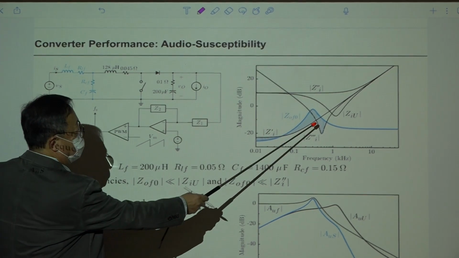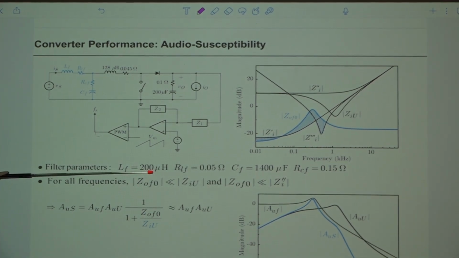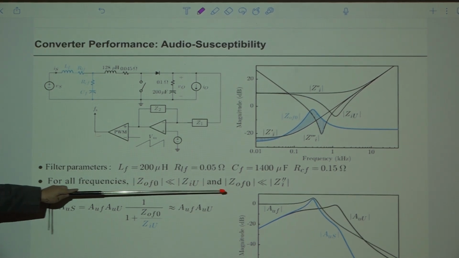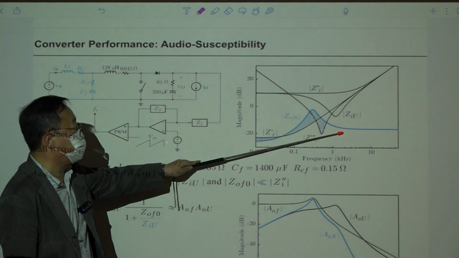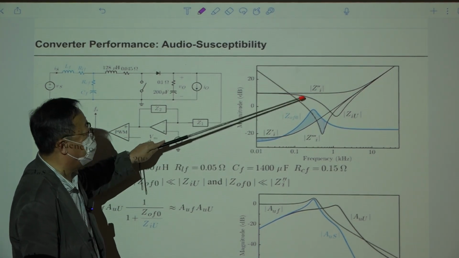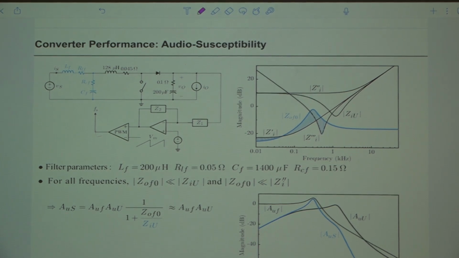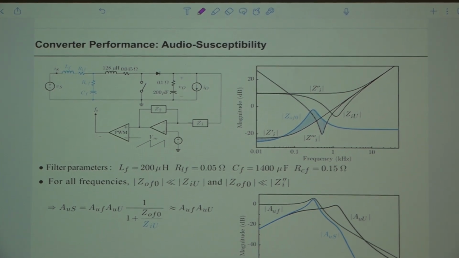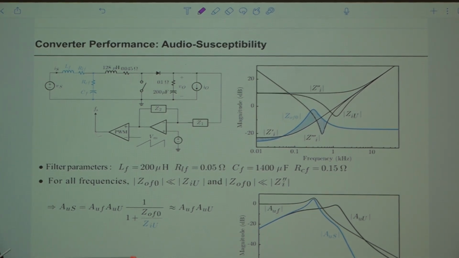So we have overlap here, and these are the filter parameters. And for all frequencies, this occurs. So the output impedance of the input filter is sufficiently lower than the closed loop input impedances, but it becomes larger than the open loop impedances at some frequencies, and during those overlap frequencies we have some problem.